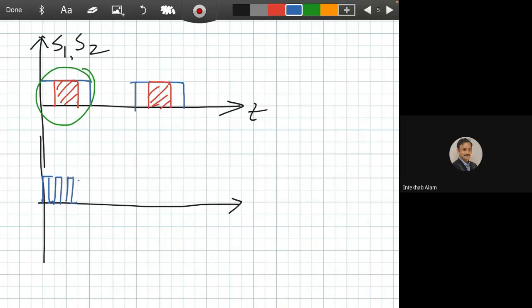This is also possible. We are giving multiple pulses for S1 and S2, and we can also give multiple pulses for the other switches.